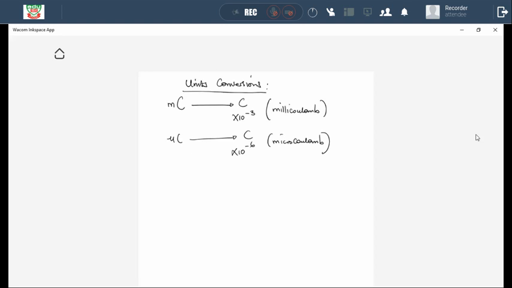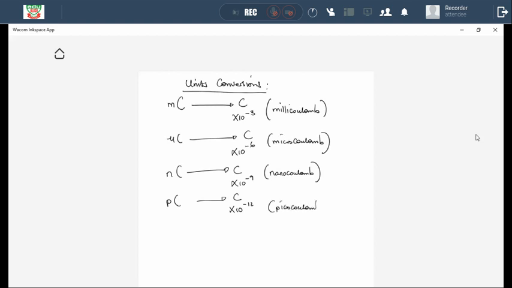What if we are given nanocoulomb? We need to convert that to coulomb. We multiply by 10 to the power minus 9. This is similar to what we have done in our previous class, and this is nanocoulomb. And then picocoulomb to coulomb, we multiply by 10 to the power negative 12, and this is picocoulomb.